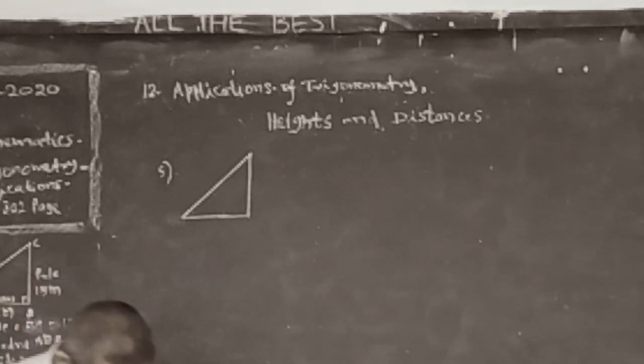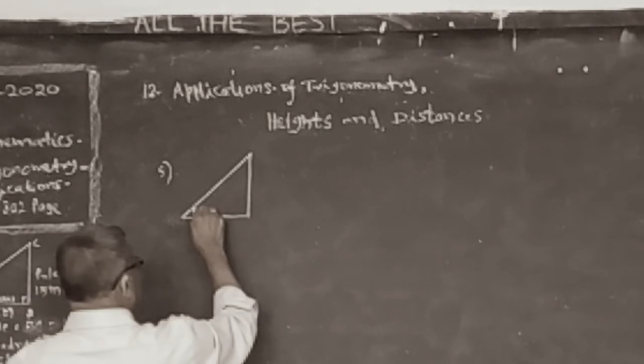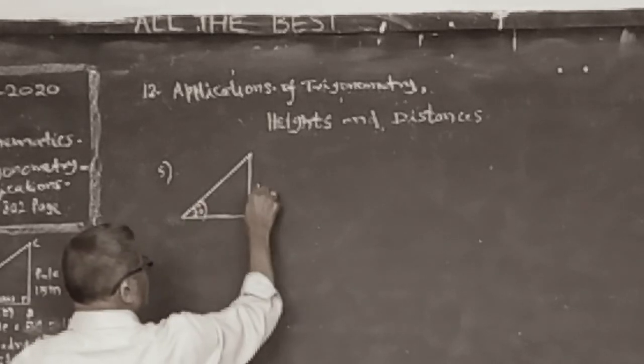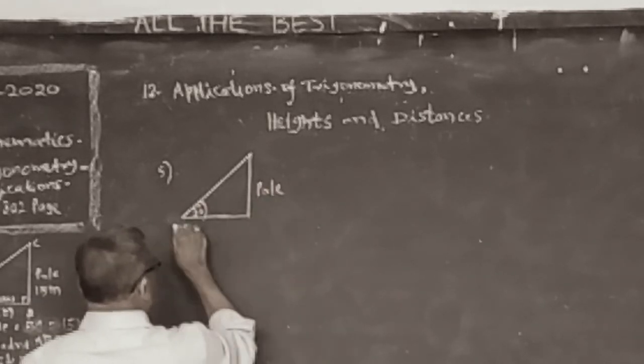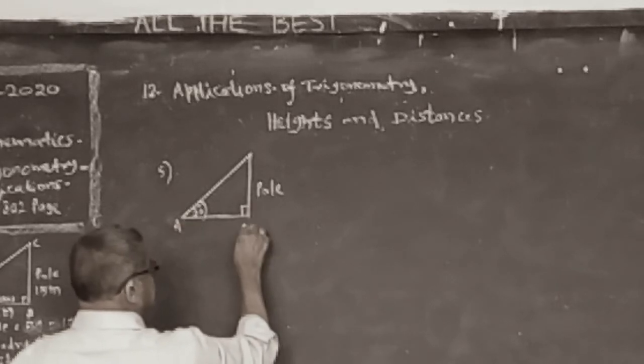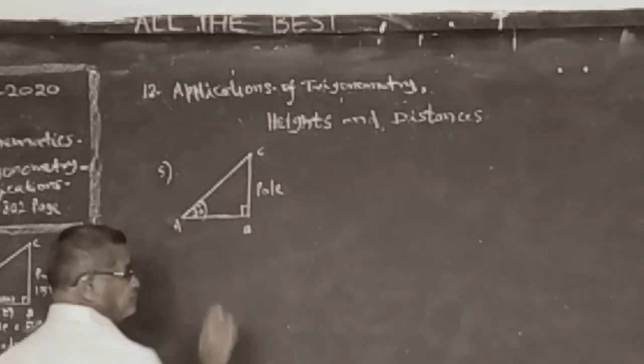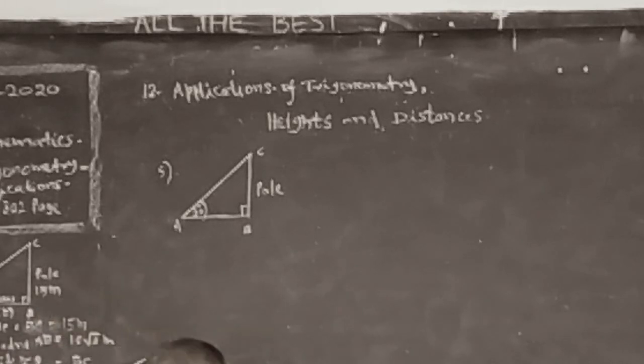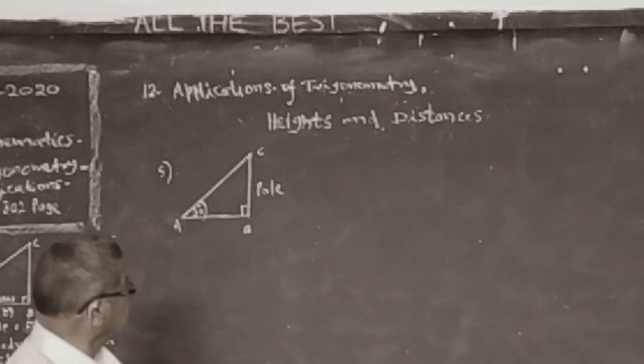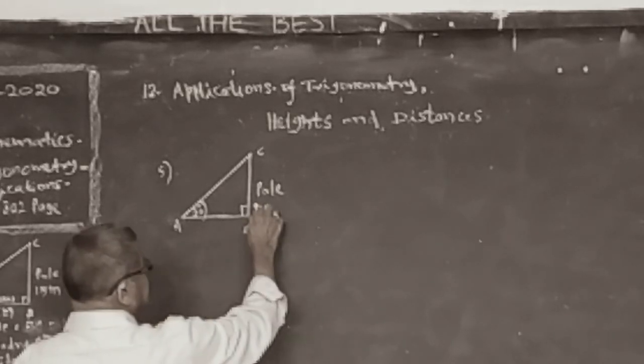Angle given 30 degrees. Name the triangle ABC. Height 10 meters.